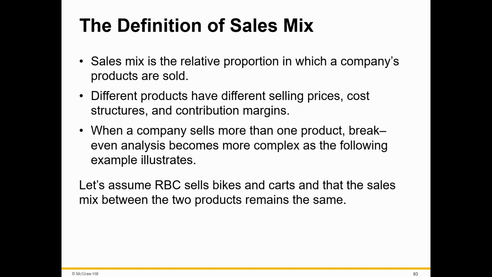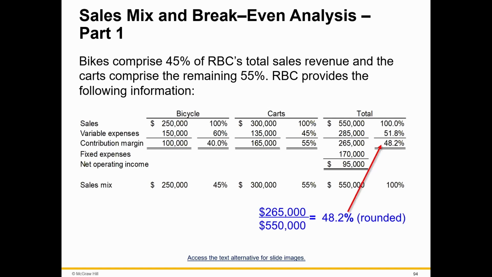So we just do that, assume it for multiple product companies. The trick is to assume the company is really selling baskets of products, and each basket always contains the various products in the same proportion. We just have to make some assumptions to be able to figure this out. So we'll see an example here.